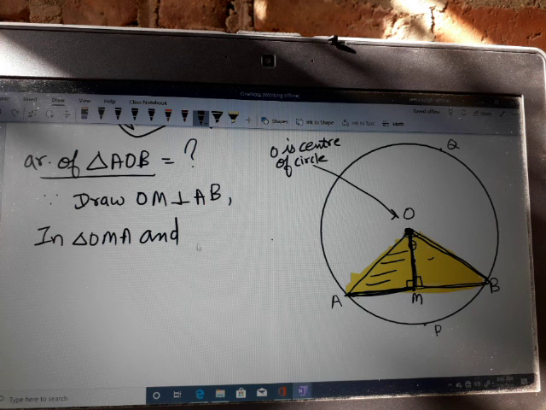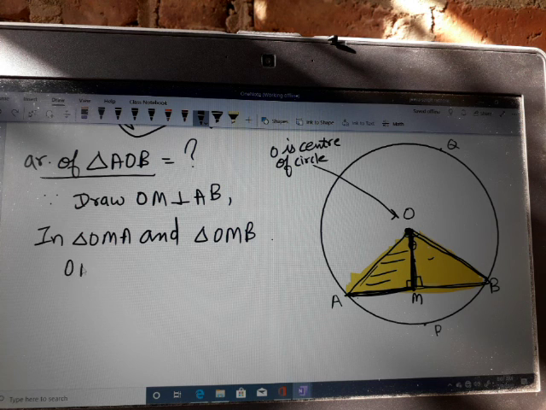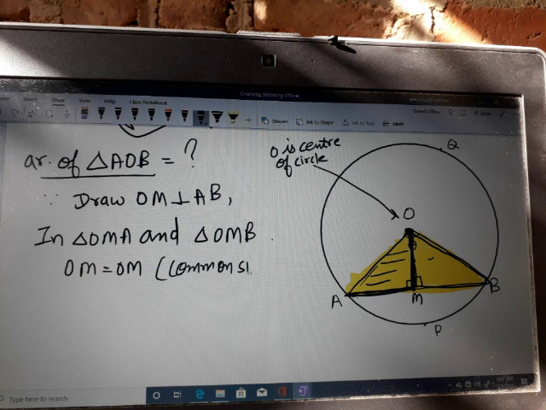I hope you understand. You will see this OM side is common in this triangle and in this triangle. OM equal to OM, common side.